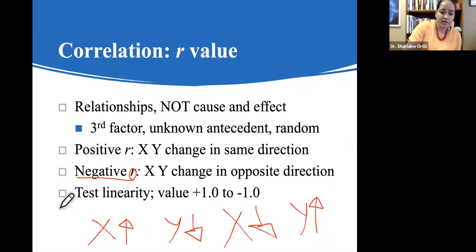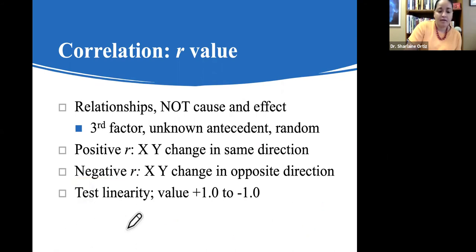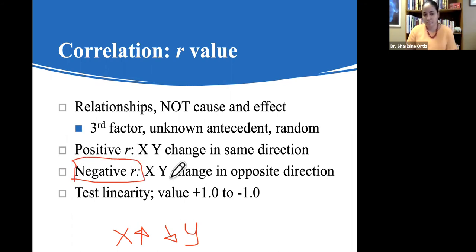So in our example earlier about that fictitious medication, say the more of that anxiety medication that a person was taking, the less anxiety symptoms they were experiencing. Therefore, this would be considered a negative relationship. One went up, the other one went down, right? The opposite direction.